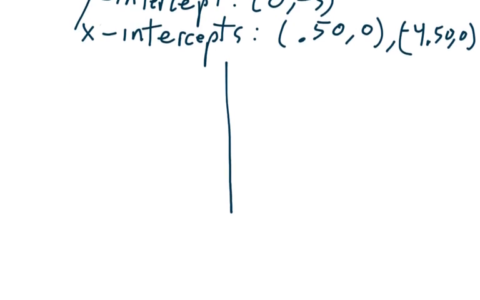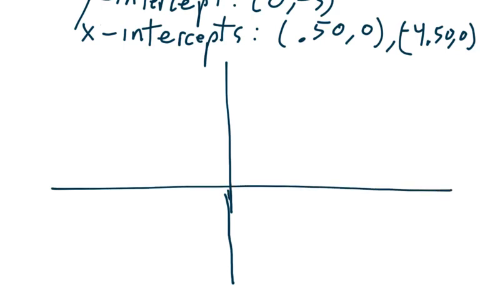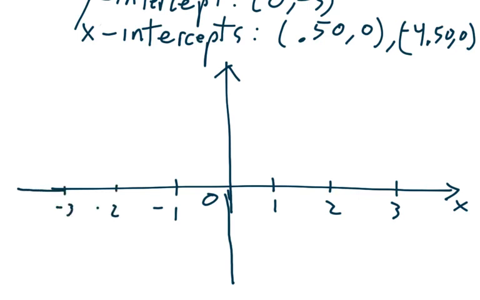Now we're ready to make a rough sketch of this. This one's not going to be to scale, but I'll do the best I can. We have 1, 2, 3, and negative 1, negative 2, negative 3, negative 4.